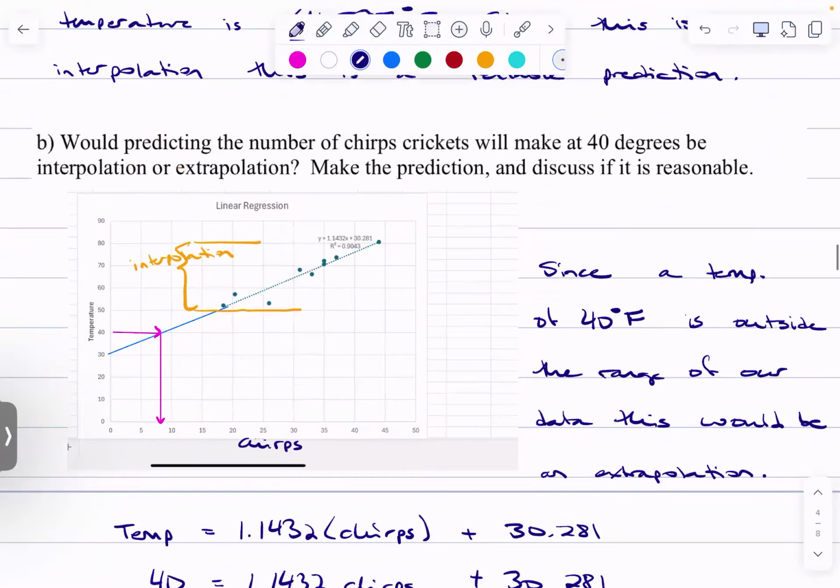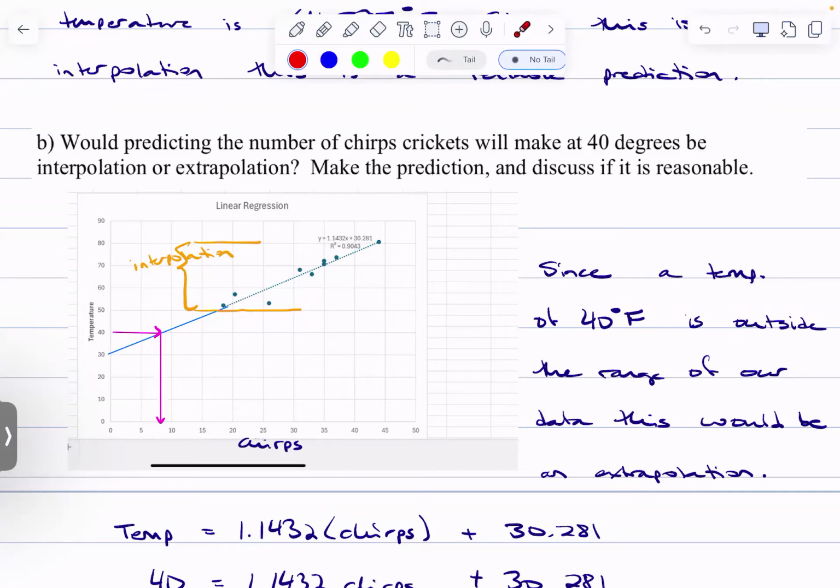So make the prediction and discuss if it is reasonable. Now it is an extrapolation, right? Do I still feel comfortable with what's happening here? Maybe they just didn't reach 40 degrees Fahrenheit. It seems reasonable that it would keep decreasing, right?